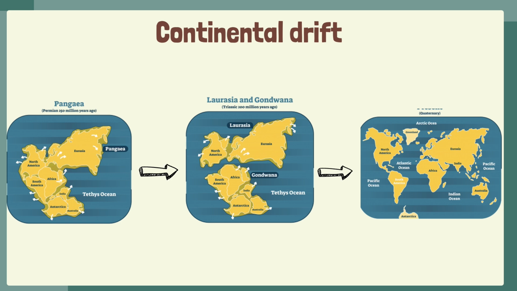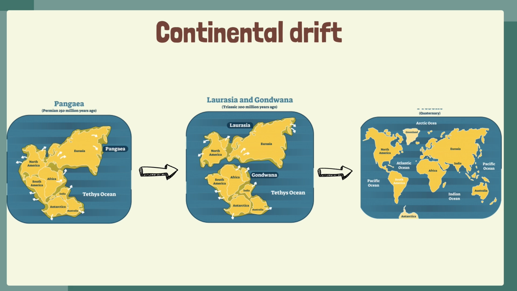From these images, we can see that we started off with Pangea, or however you choose to pronounce it, as long as you spell it correctly. That's all that matters. And basically, it was all one continent.